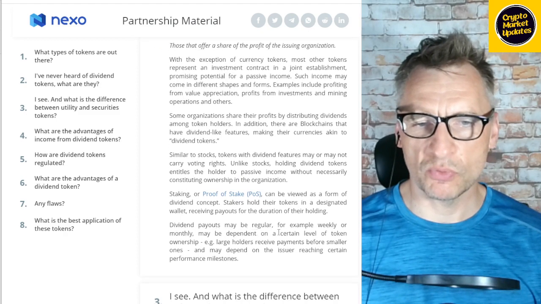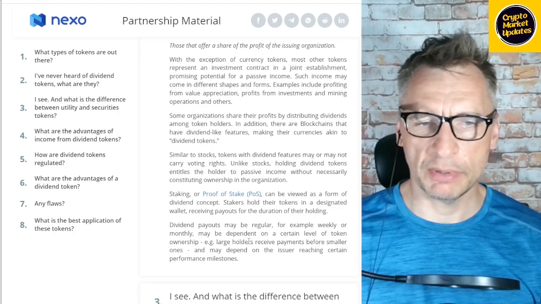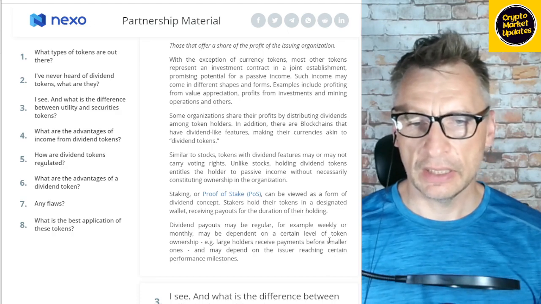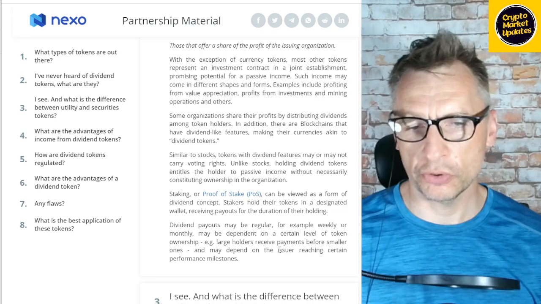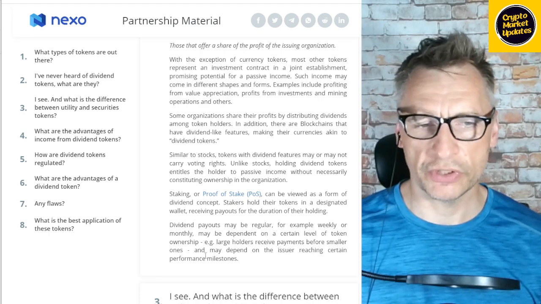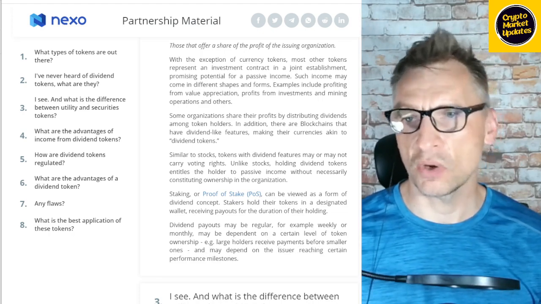Dividend payouts may be regular, for example weekly or monthly, or may be dependent on a certain level of token ownership. For example, large holders receive payments before smaller ones, and so on. Basically, dividend tokens reward users for holding them.